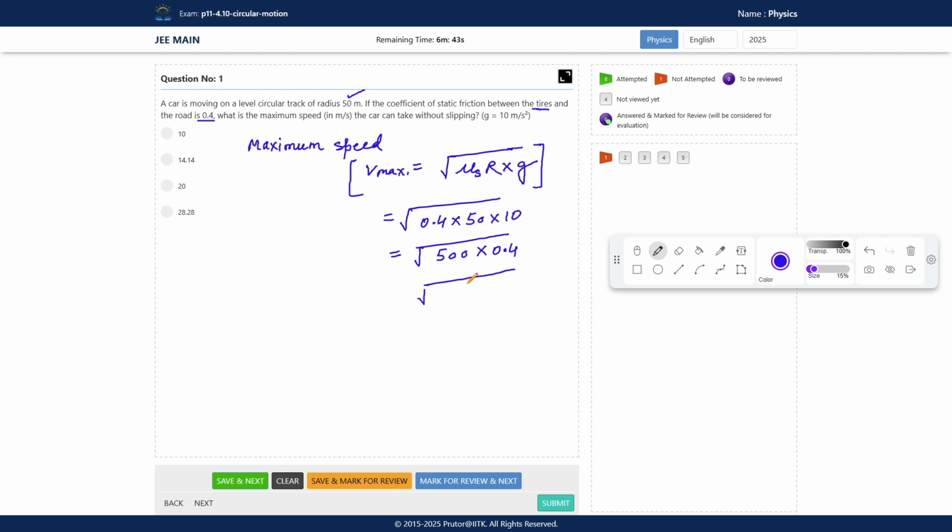So 5 into 4 and 20 as it is. Under root 200.